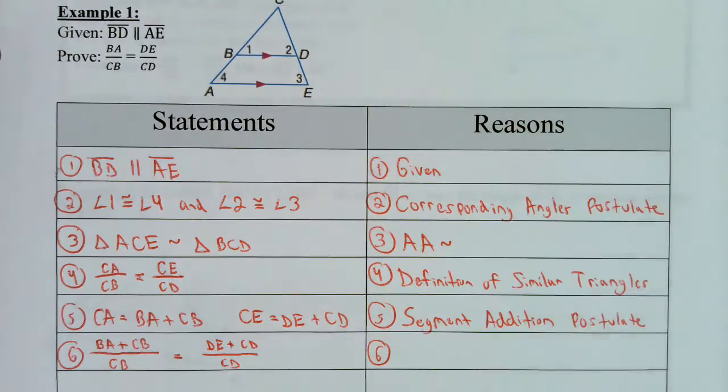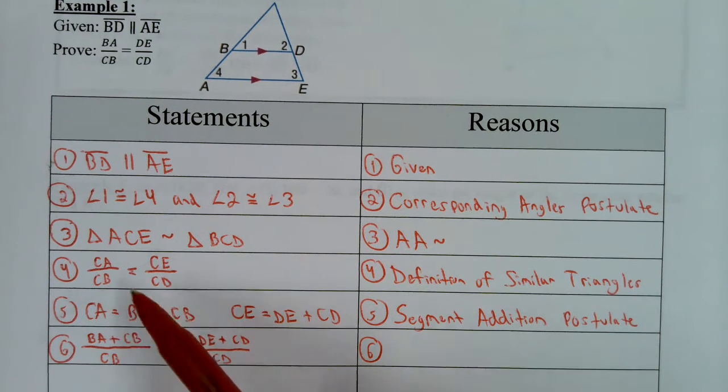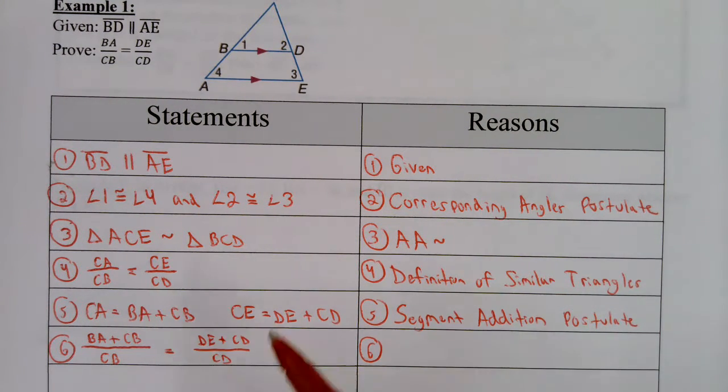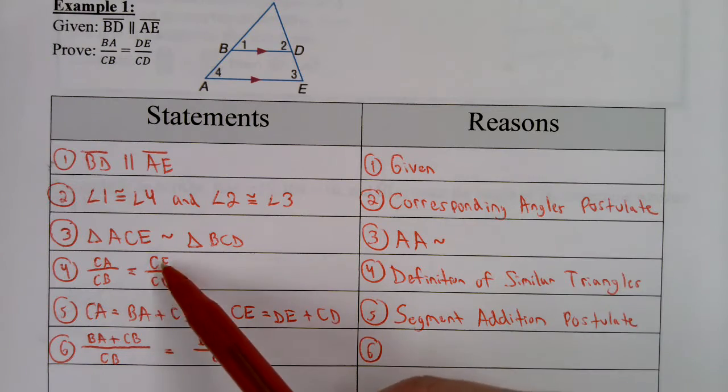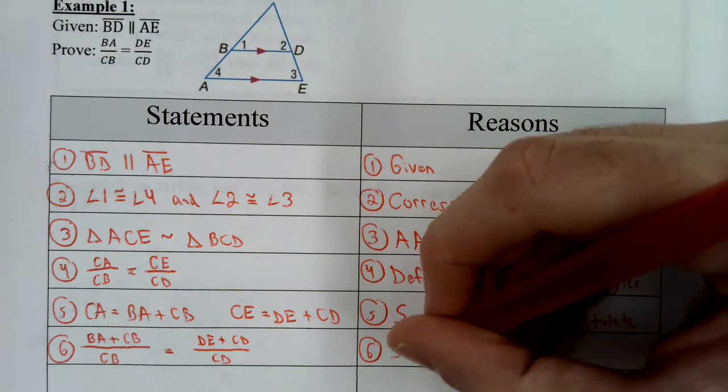What is that reason called? Look at steps 4 and 5. I took this and I replaced it with CA. I took this and I replaced CE. So substitution property.